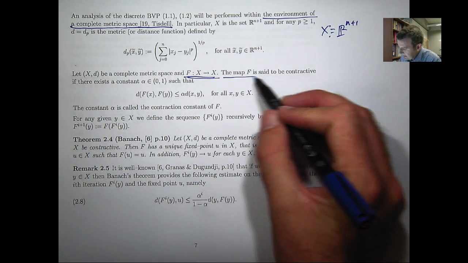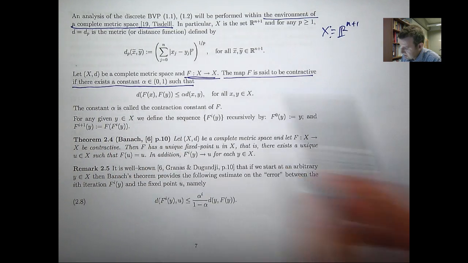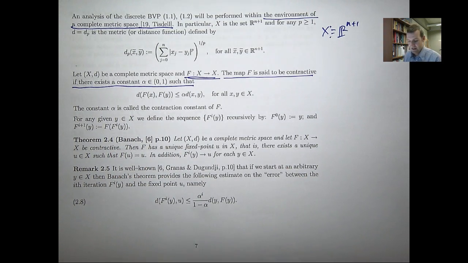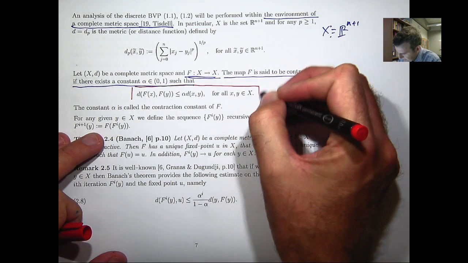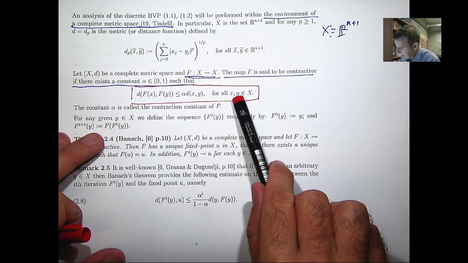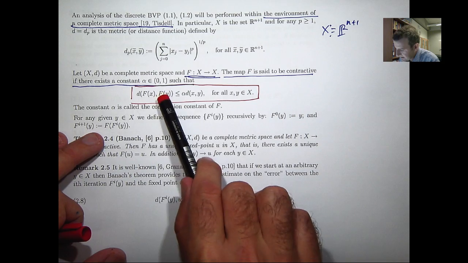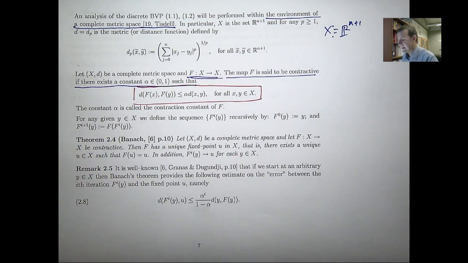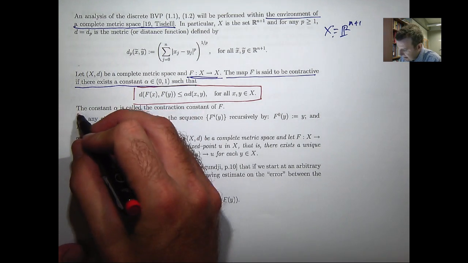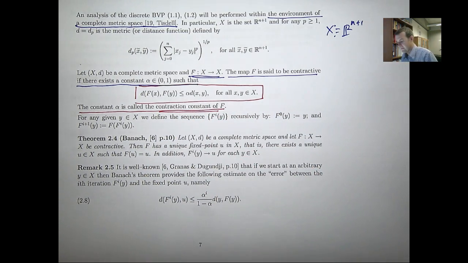We say the mapping is contractive if there exists a constant alpha strictly between 0 and 1, such that for all pairs of points, little x and little y in our set big X, the distance from f of x to f of y is less than or equal to alpha times the distance from little x to little y. Okay, the constant alpha is called the contraction constant of f.